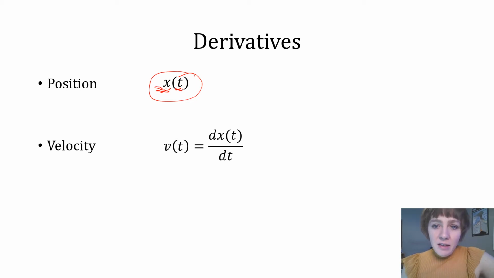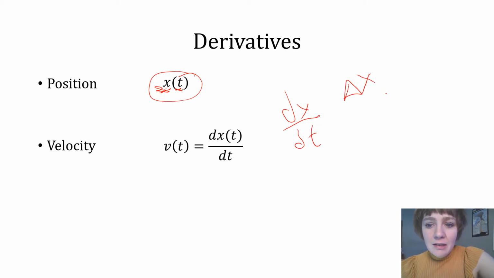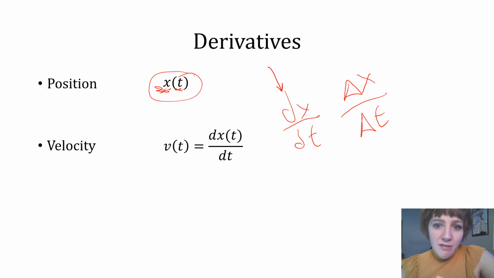Here the d indicates change, and the only difference between dx dt and delta x delta t is that while delta indicates some actual change, for example 3 feet in 3 seconds, the d here in our derivative actually represents an instantaneous rate of change.